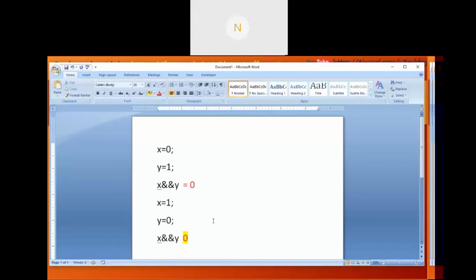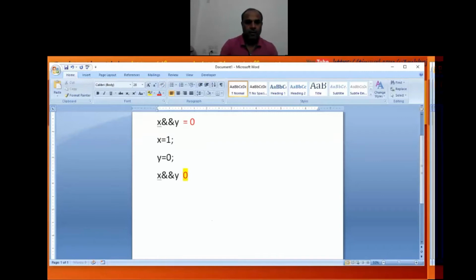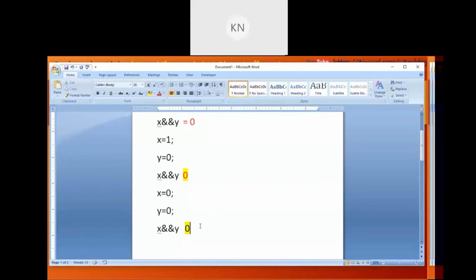If we proceed further, what will be the answer when both are 0? When both are 0, the result is 0.